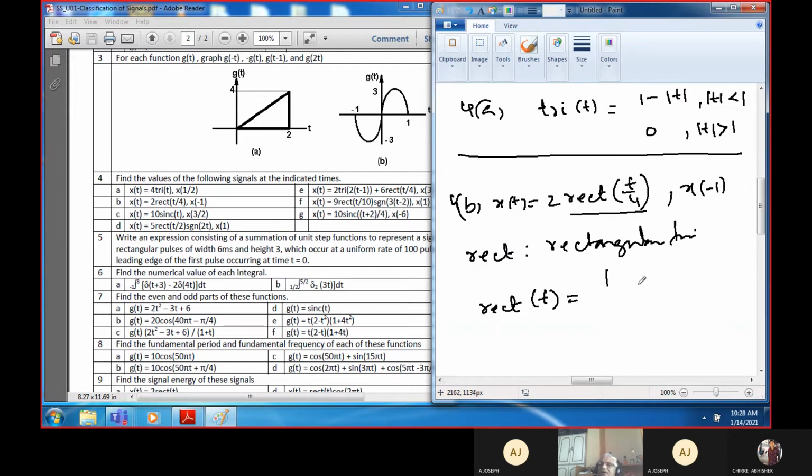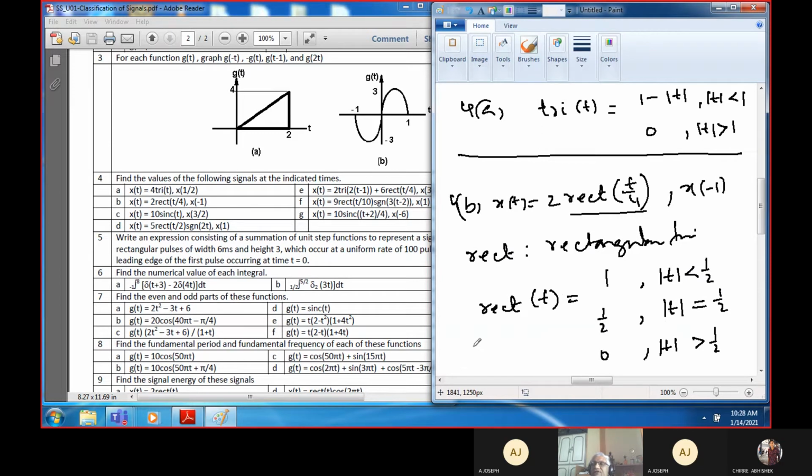It is equal to 1 for mod t less than 1 by 2. It is equal to half for mod t equal to half, and it is equal to 0 for mod t greater than half.